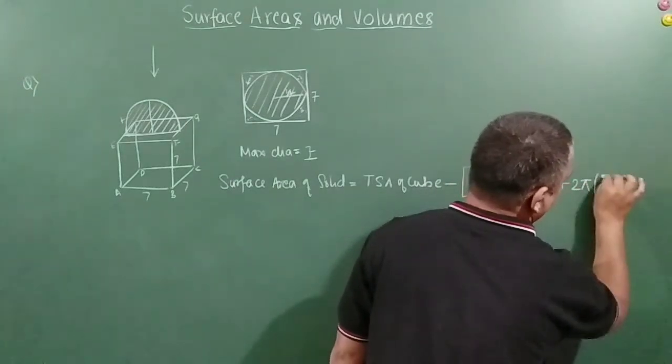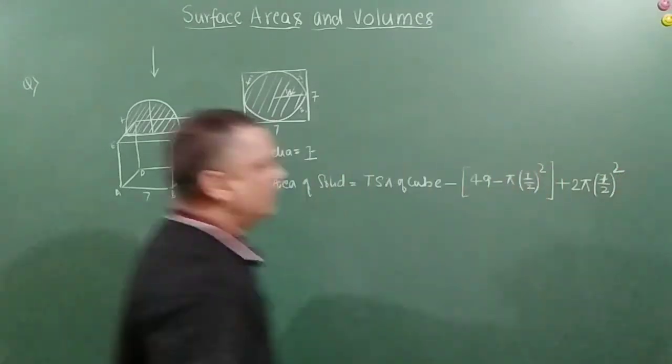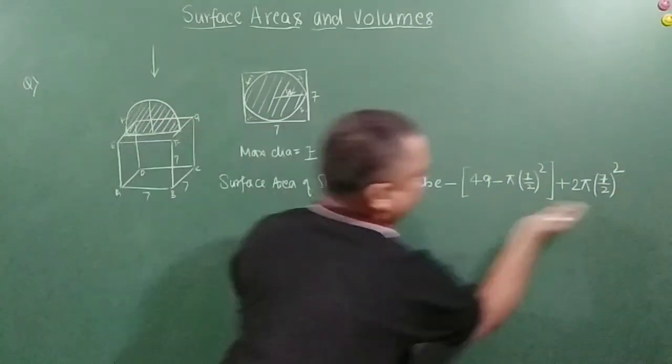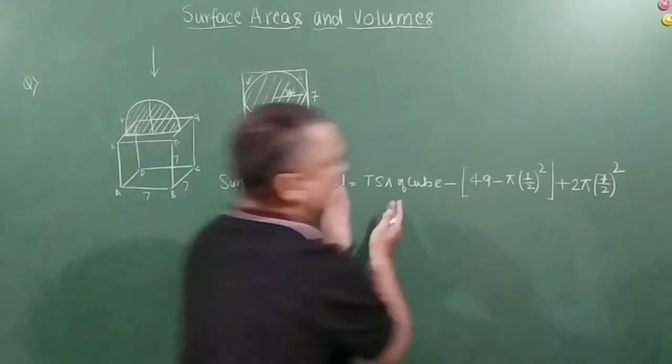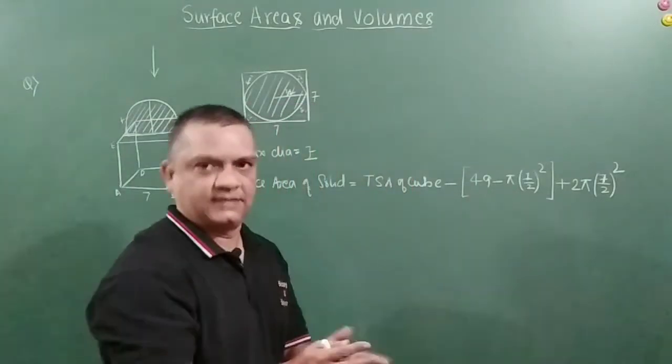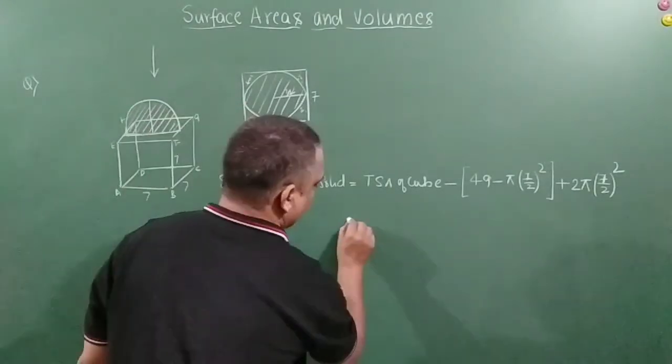R again is 7 by 2 here. Did you all understand this statement? Okay, because this is important. Once you make this statement, then the things are easy, right? Okay, so this becomes how much, my friends?